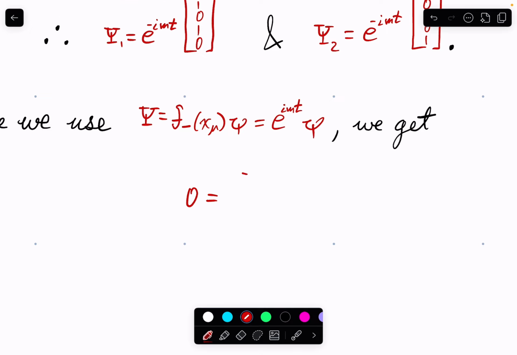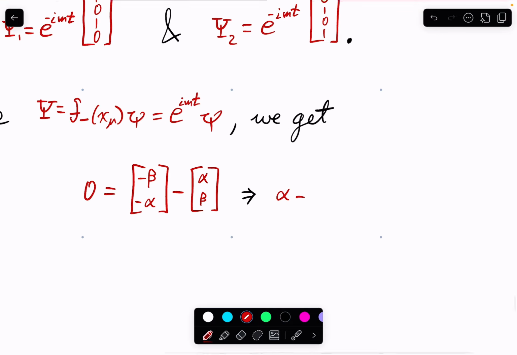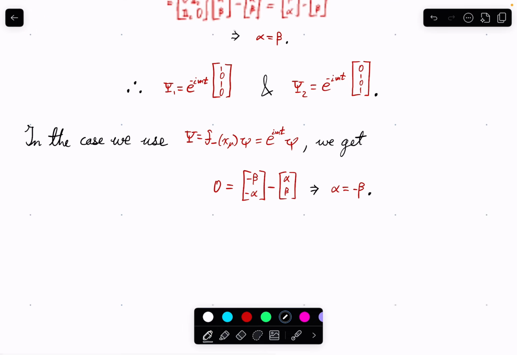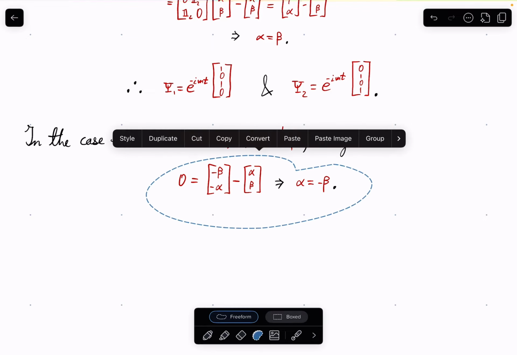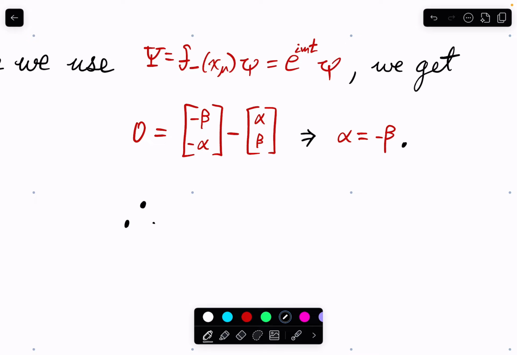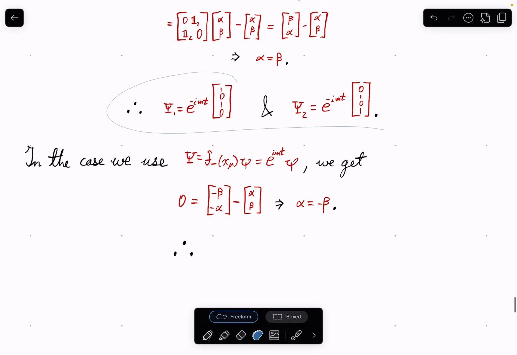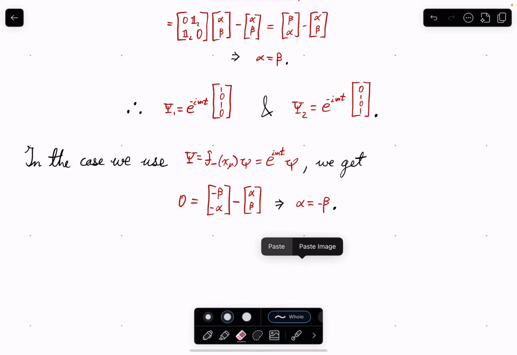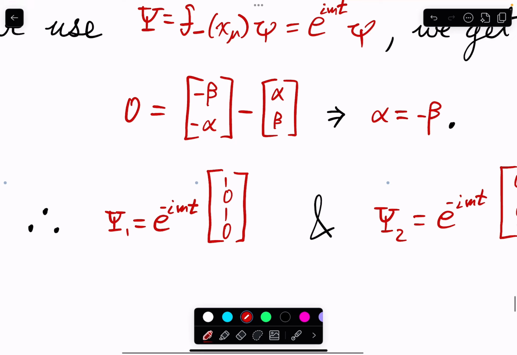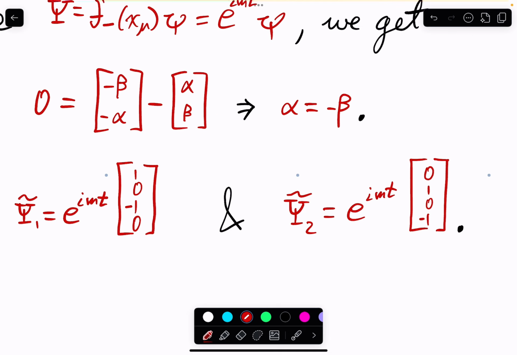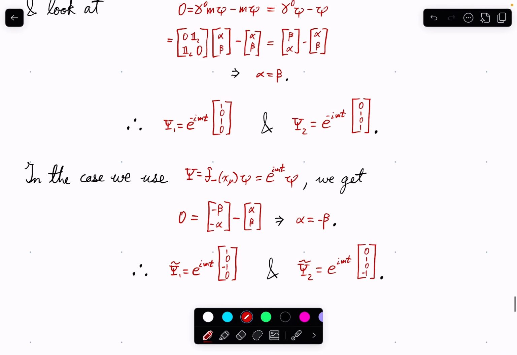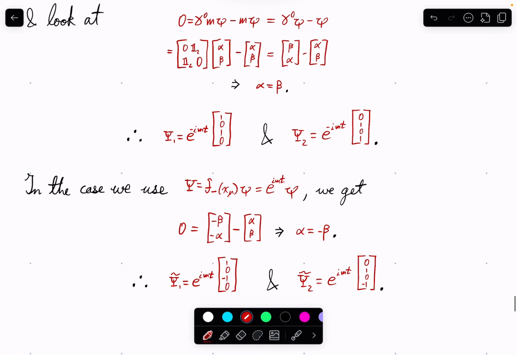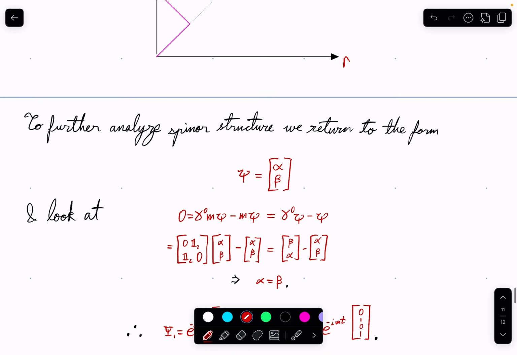Basically we get that negative beta, negative alpha minus alpha beta is equal to 0, which implies that alpha equals negative beta. Therefore, I'm just going to copy this and have these as solutions, except they are positive i, and you get minus ones. So these are your two independent sets. We saw these in the last video, but here's how we came to them.